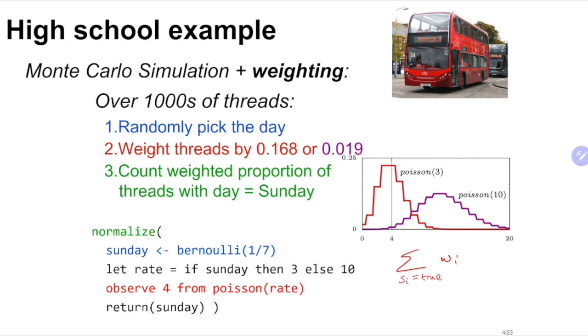We'll divide that by the sum over all of the weights that we saw when we were running. So those will be either 0.168 or 0.019. Okay, so this thing on the bottom is the normalizing constant, the total weight of all the runs, and we're interested in the weighted proportion of threads that had the day being Sunday.